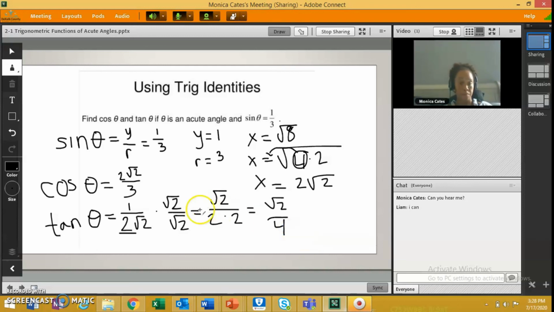Okay. Wait, so you're multiplying the 2 root 2's together because they're similar? Well, I chose root 2 because I want to get rid of the radical. So I know that when I multiply root 2 times root 2, it gives me just plain old 2. So the radical goes away. And we know 2 times 2 is 4, and we know the square root of 4 is 2.